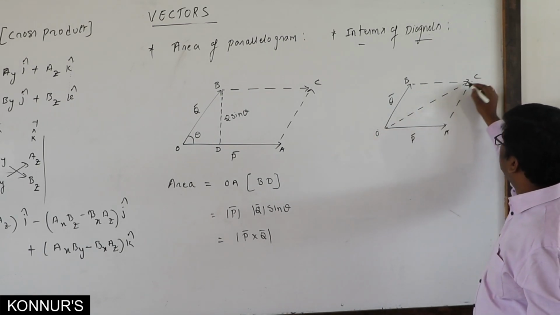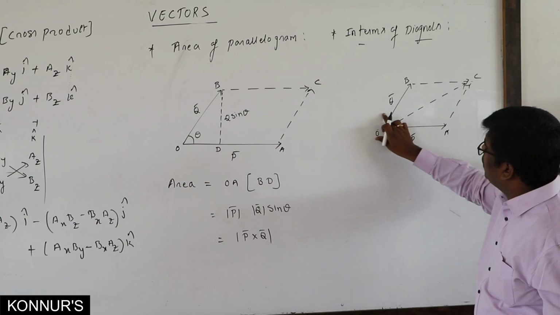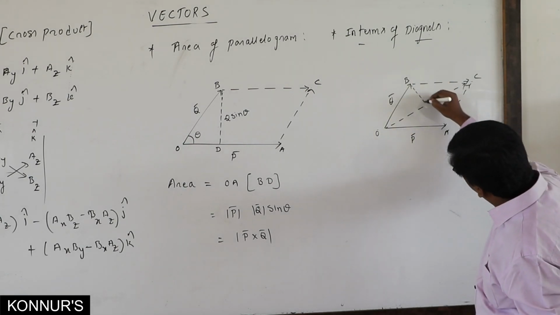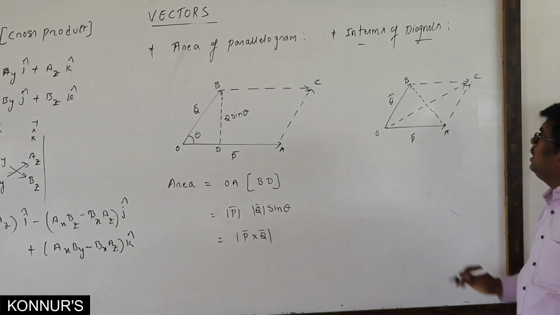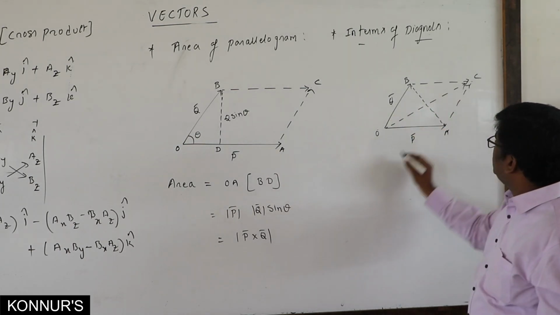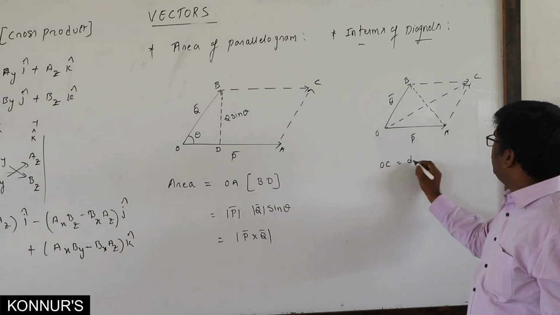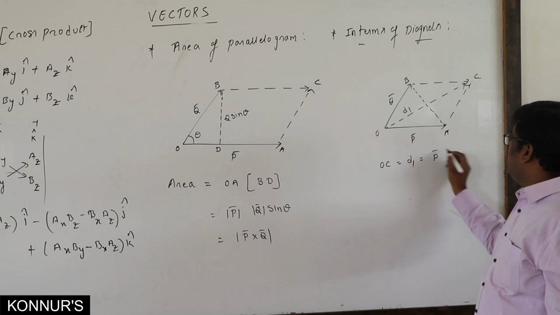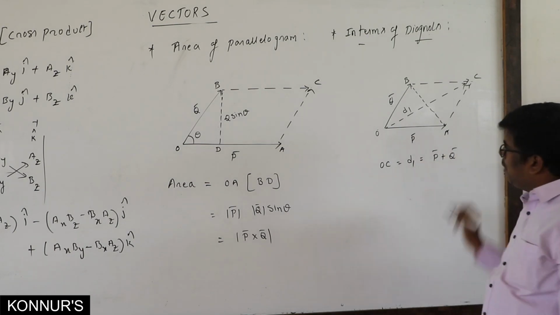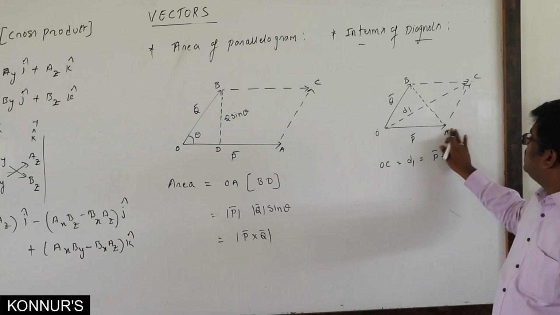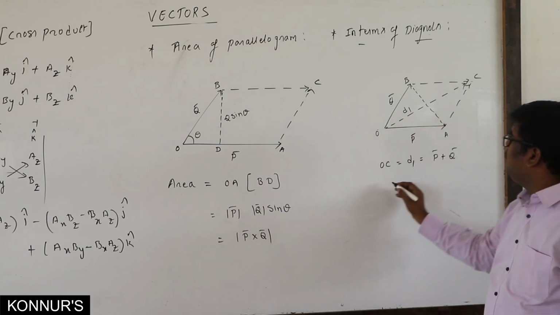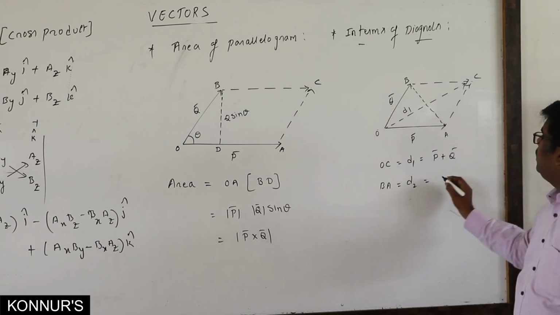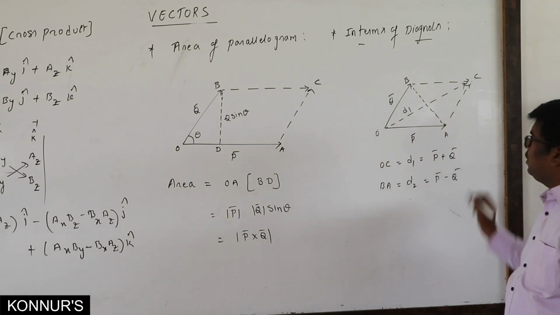This is the large diagonal, which gives the summation of the two vectors, and the other, shorter diagonal gives the difference of the vectors. So the diagonal OC is D1, which gives the sum of the vectors, P bar plus Q bar. And BA is the other, shorter diagonal, D2, the difference of the vectors, P bar minus Q bar.